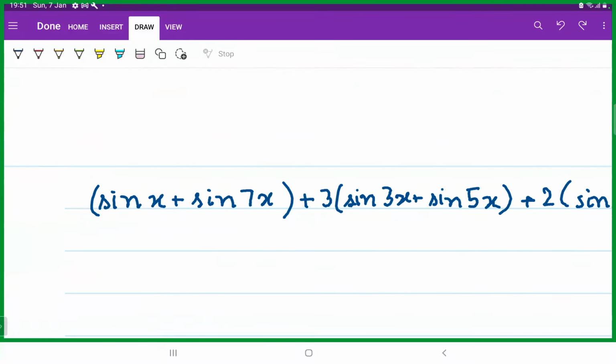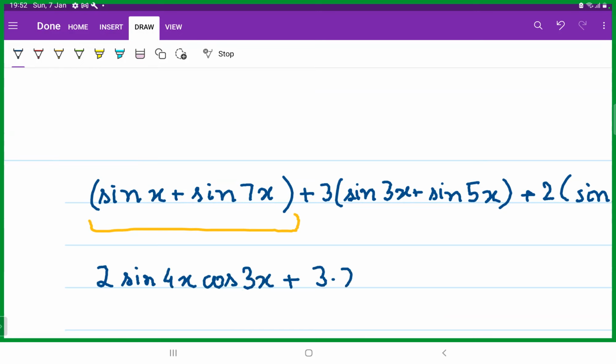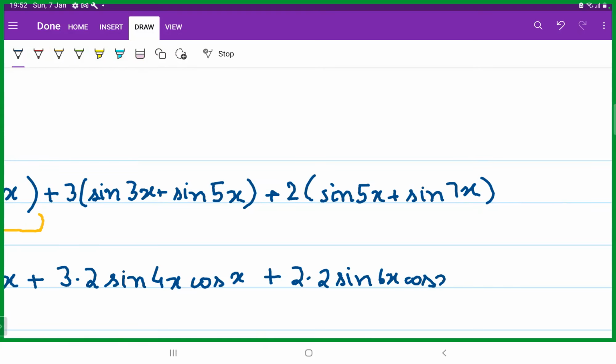So this first term will be equal to 2 sine 4x cos 3x, standard formula. This will be equal to 3 multiplied by 2, and this thing will be sine 4x cos x, plus 2 multiplied by 2 sine 6x cos x.